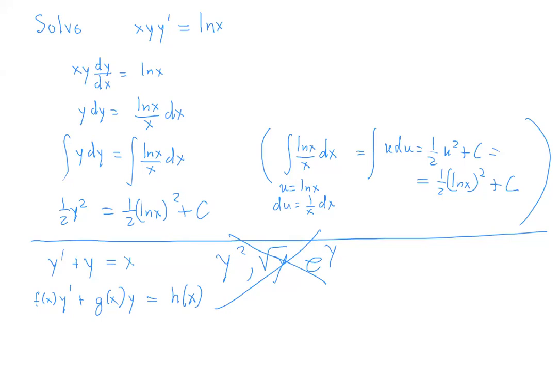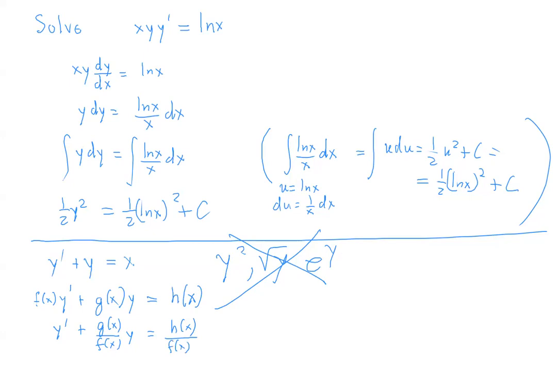And we will always want to pretty much leave y prime alone. So we will want to divide by f of x. And this will be called the standardized form.